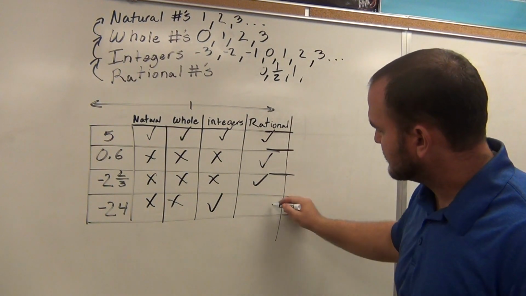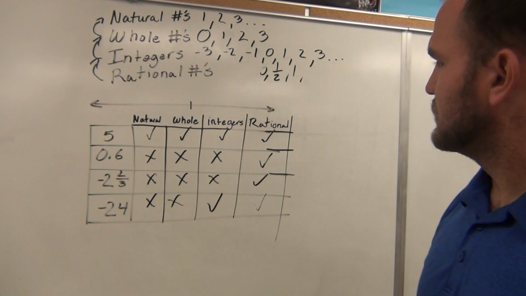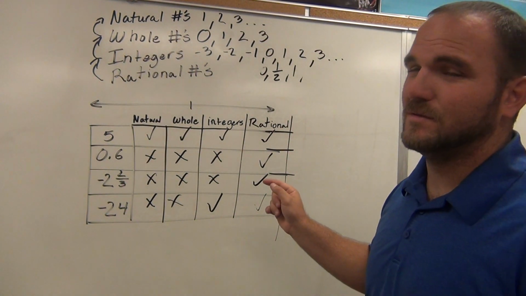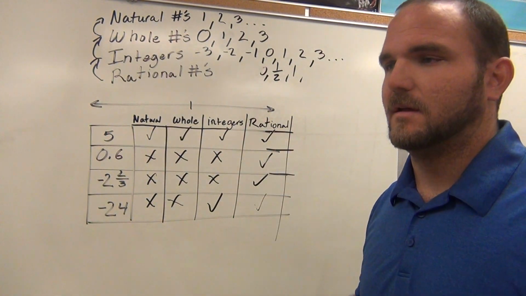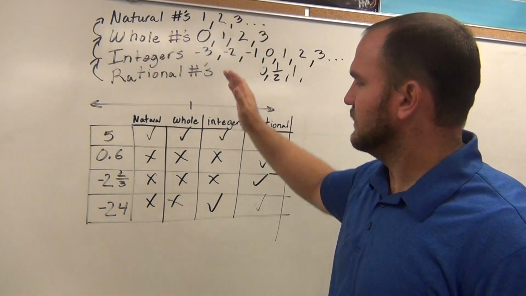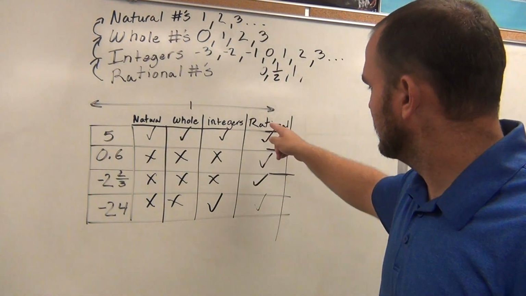Now, once again, rational number covers it as well. Little trick as you're going through this first section, probably most of the numbers I'm going to give you, they're all going to be integers. It's just how it works. Each one covers the one before it, and so if each one covers that, they're all going to be over here.